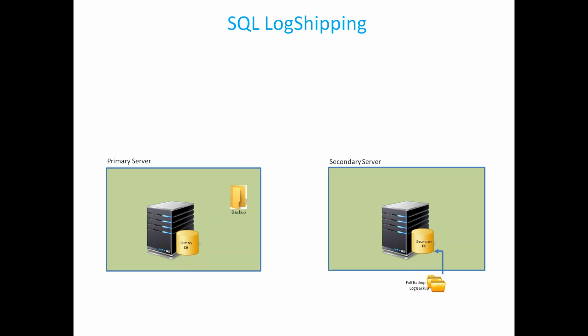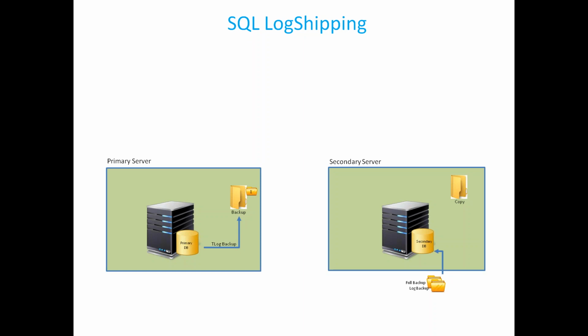So ultimately we need to create a folder on our primary server and share it. And then we need to create one more folder on our secondary server, which is a copy folder. And then, once you set up log shipping, your SQL Server will continuously take log backups from your primary database and keep those log backups in your backup folder, and that backup file will be copied over onto the secondary server, and then it will be restored.